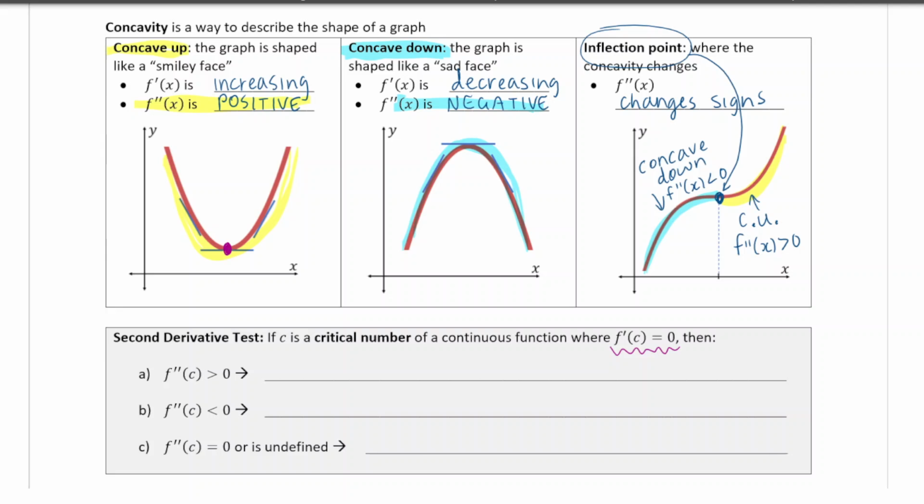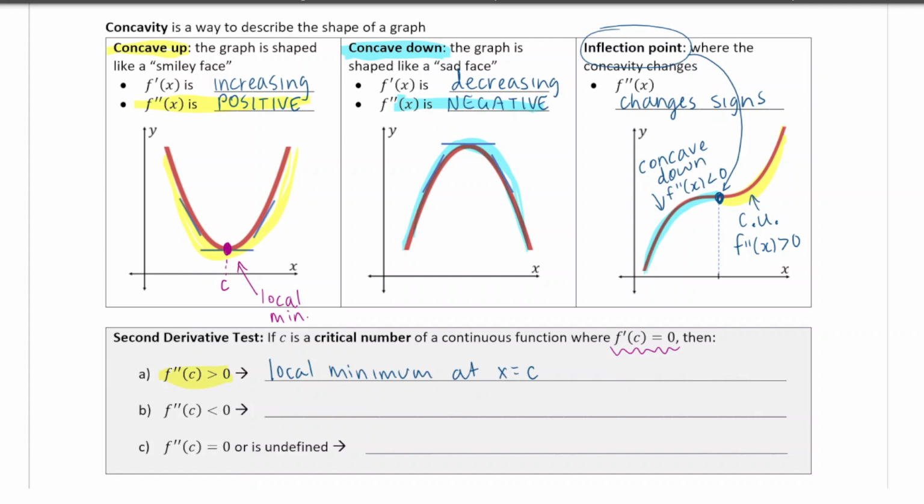If my critical number is here, right, this is a local min, because you're going to be at the bottom of your smiley face. Okay, so if the second derivative is positive and we're concave up, the critical number is a local minimum at x equals c.